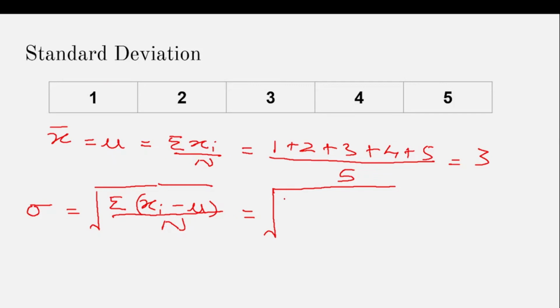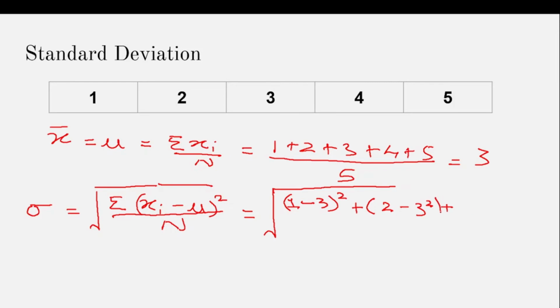It will be equal to 1 minus 3 squared. I need to add up all the deviations, right? So the deviation of the second data point will be equal to 2 minus 3 squared.